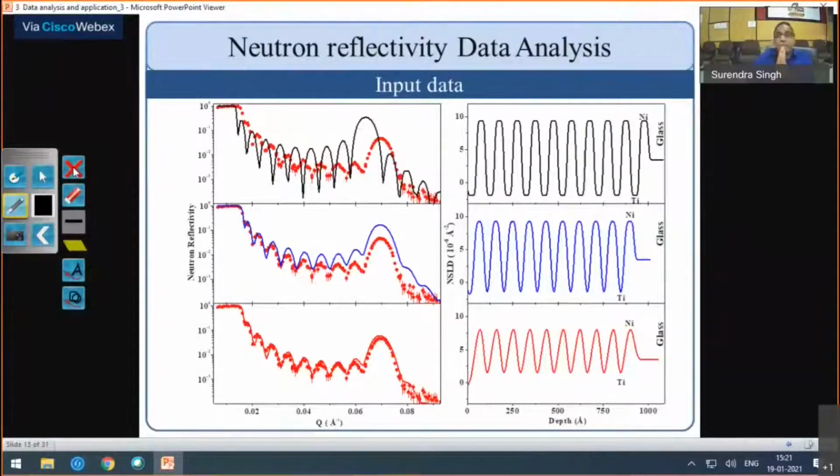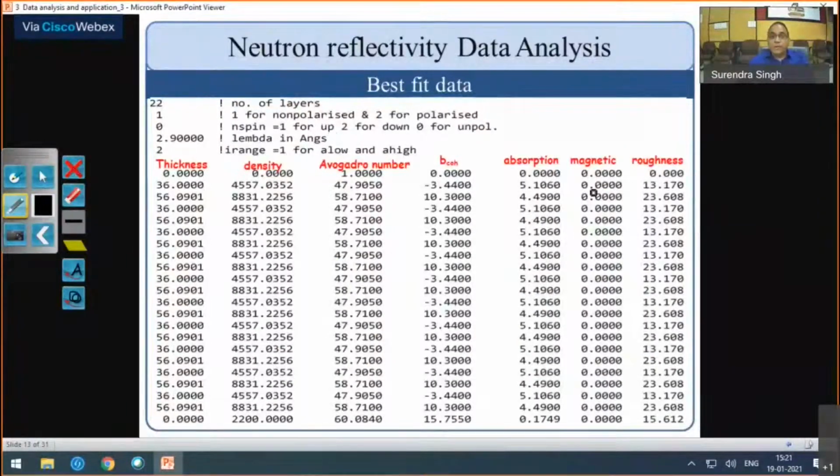So if we have polarized neutrons, then we will have two reflectivity patterns, one spin up, another spin down, and in the input file, for nickel, which is magnetic, we have to give the magnetic moment of nickel here, and also vary this during iteration, and try to fit both of them simultaneously.